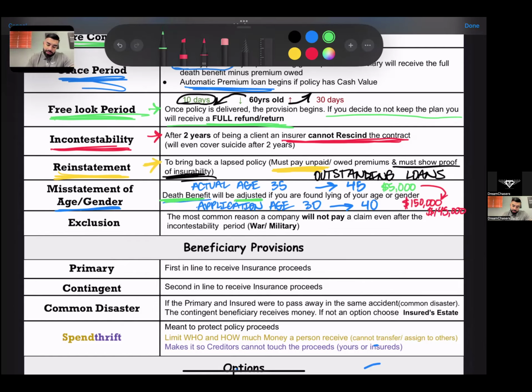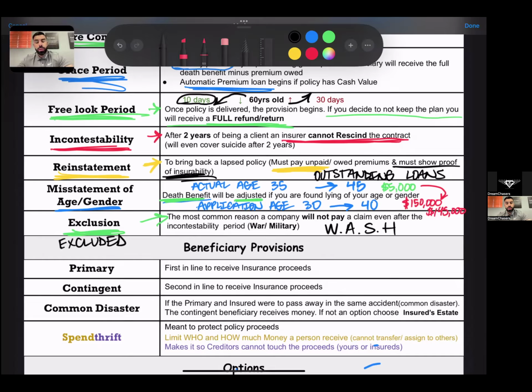Okay. Next are exclusions. So exclusions are the most common reasons why a company will not pay a death claim. Basically, another word for exclusion is things that are excluded from being covered in a policy. So, an easy way to remember this is the acronym WASH.